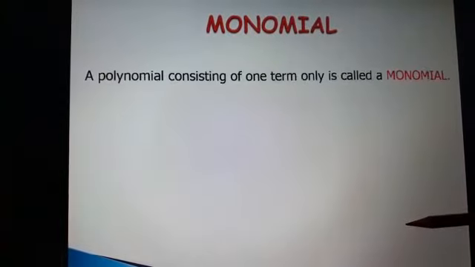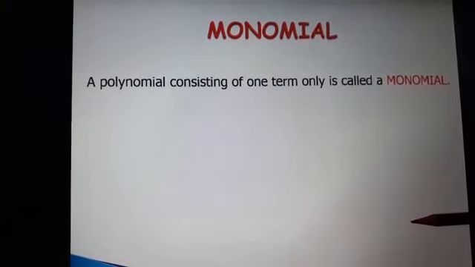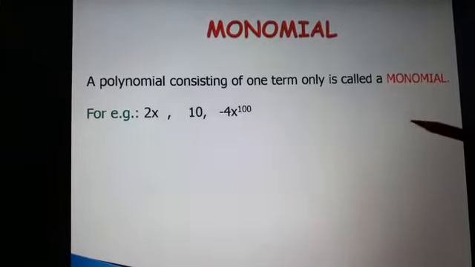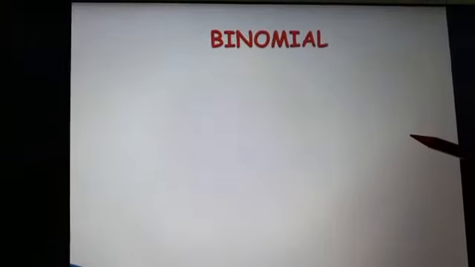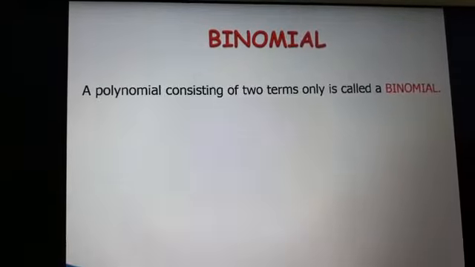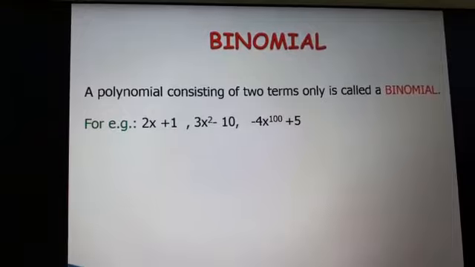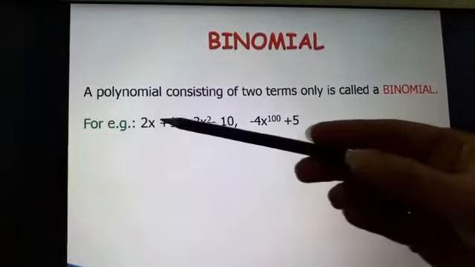Now what is a monomial? A polynomial consisting of one term is called a monomial. Example, 2x and 10, you can see only one term is there. Binomial, a polynomial consisting of two terms only is called a binomial. For example, 2x + 1. Here we have two terms joined by a plus sign.